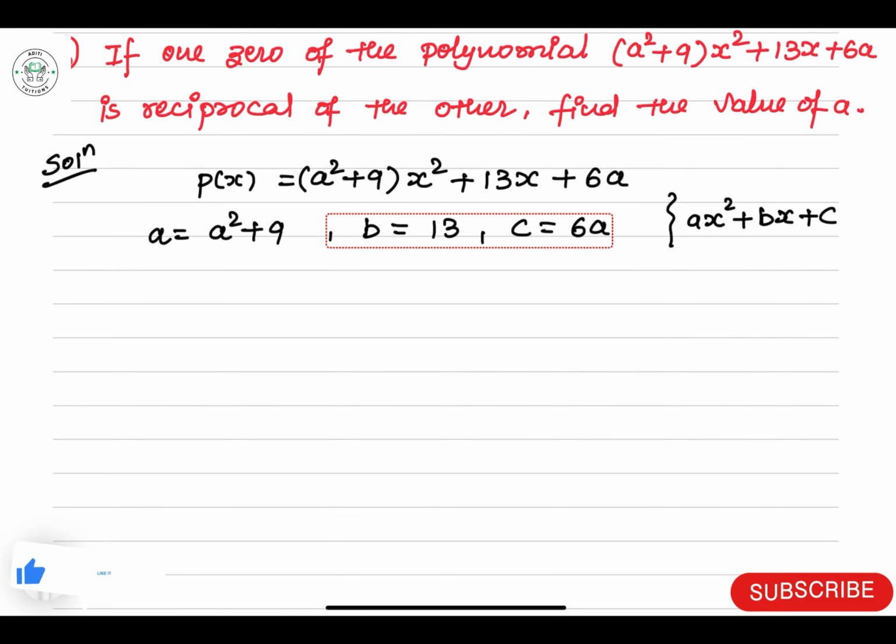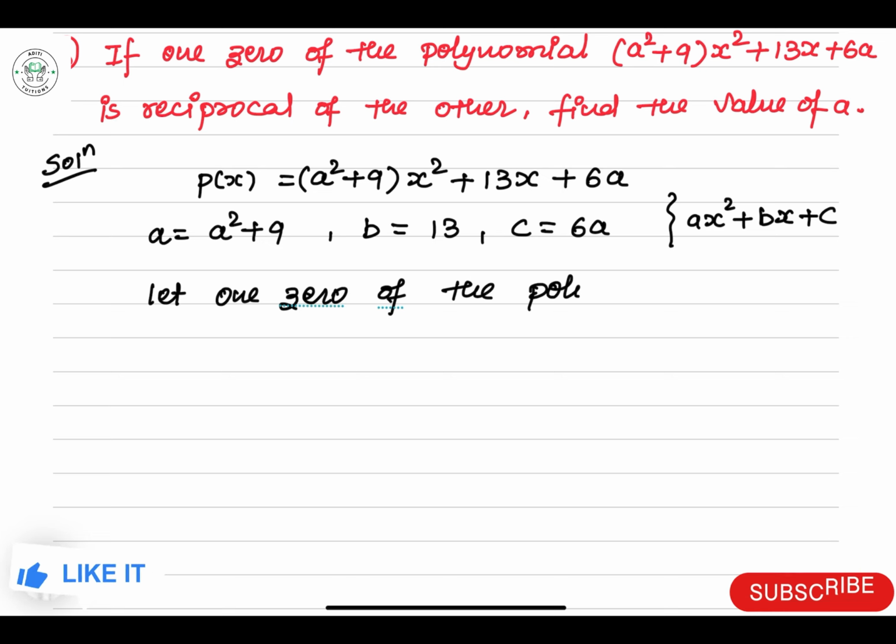Now let me check the question. They have given that one zero of the polynomial is the reciprocal of the other. So let one zero of the polynomial be x.